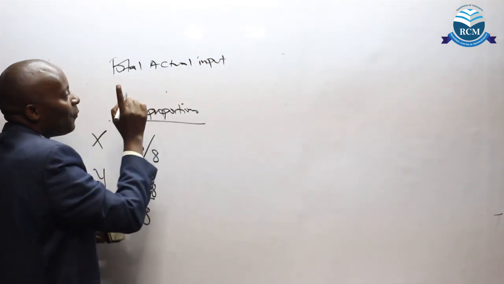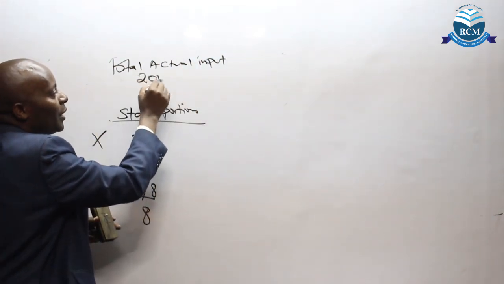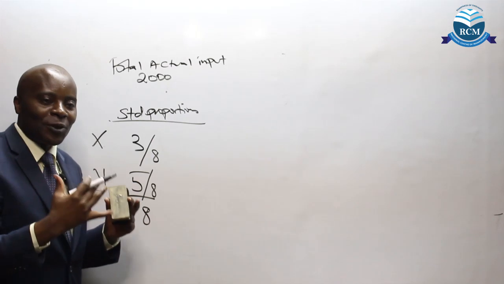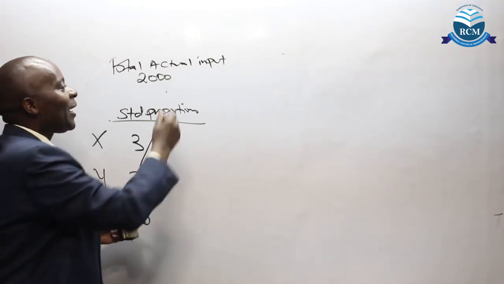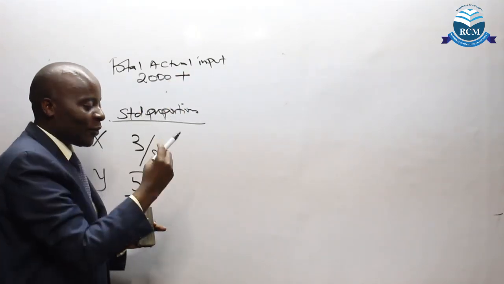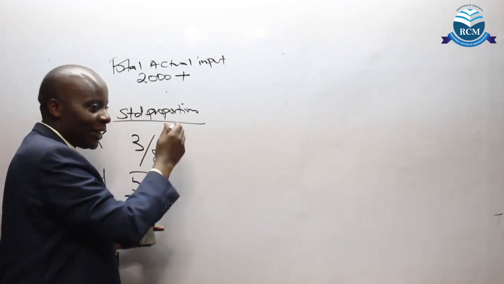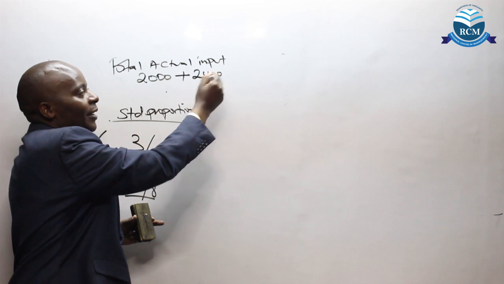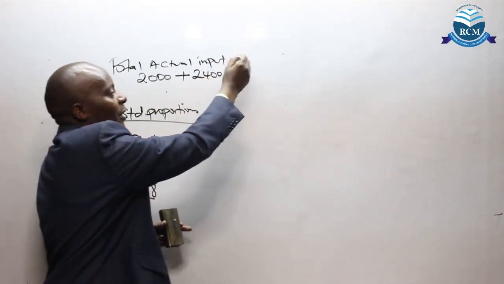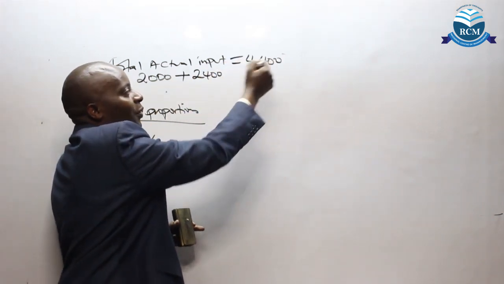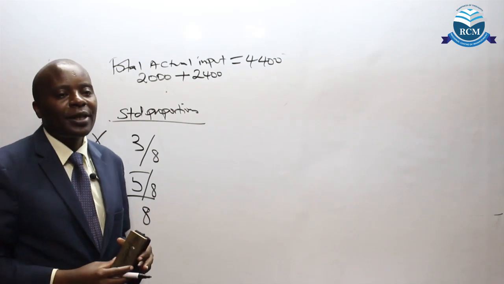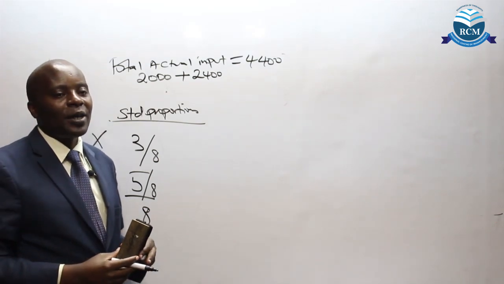2,000 is the actual quantity of X that was used, plus how many kilograms of Y went into production? 2,400. Which will end up giving us 4,400.